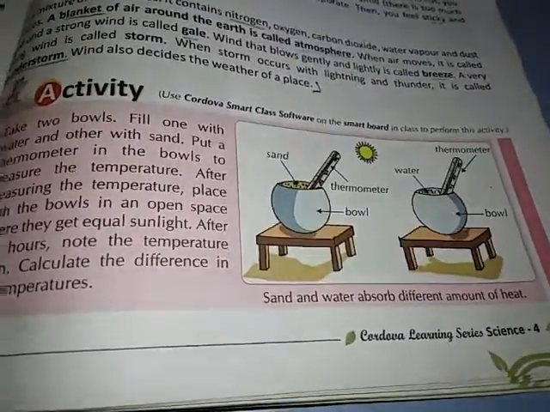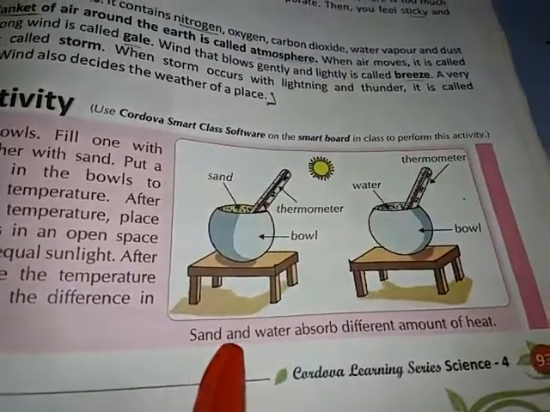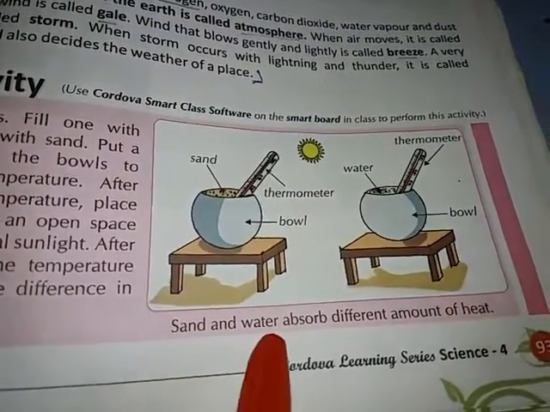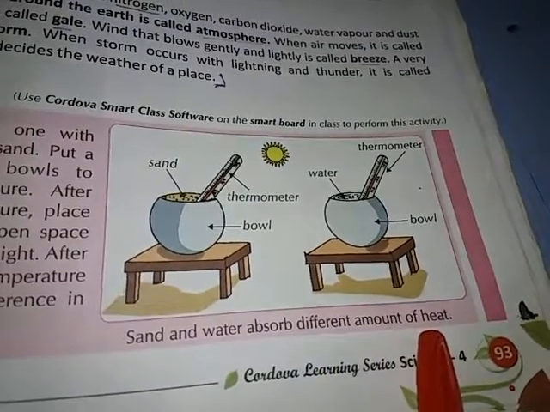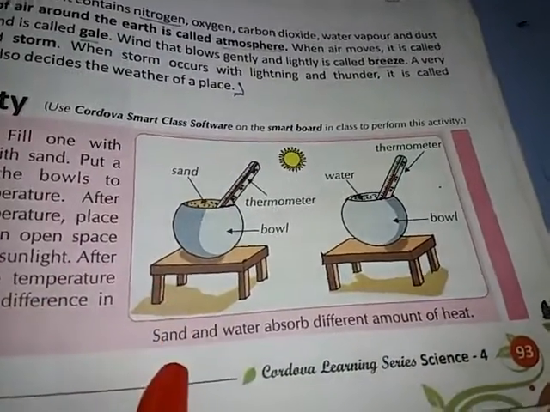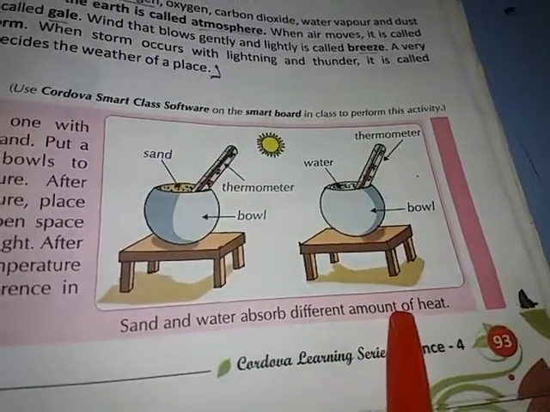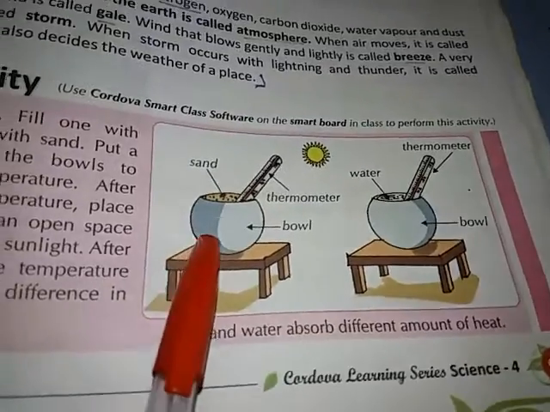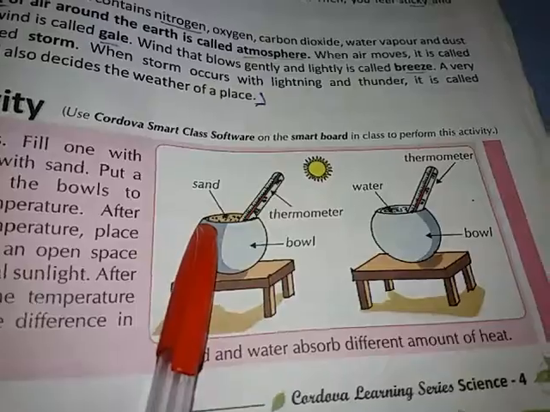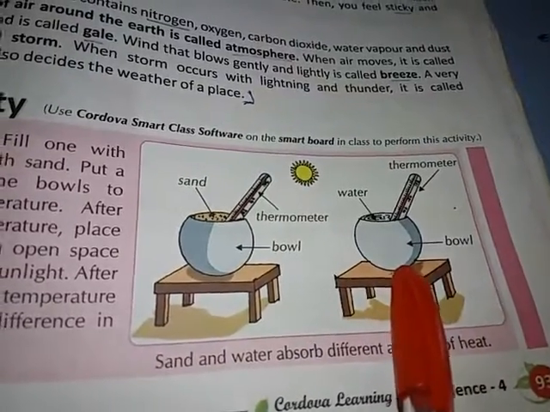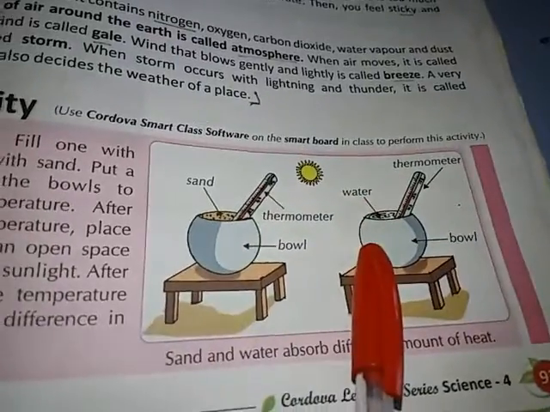So let's try to understand by the picture. Sand and water absorb different amounts of heat. So by doing this we can understand that sand and water absorb different amounts of heat. Again we have taken two bowls, and in one bowl we have put sand and in the second bowl we have put water, and then we have measured the temperature with the thermometer.